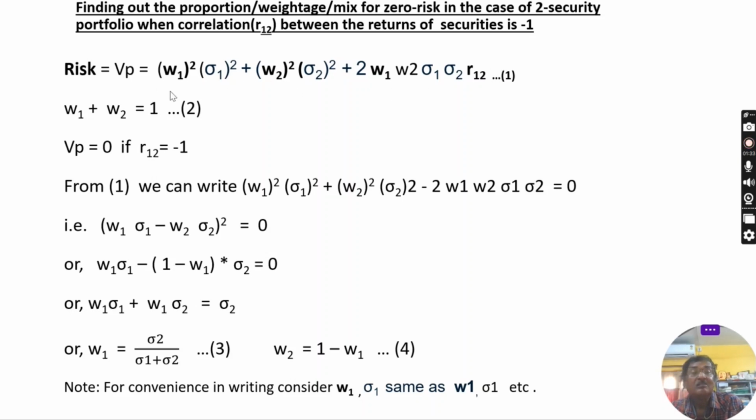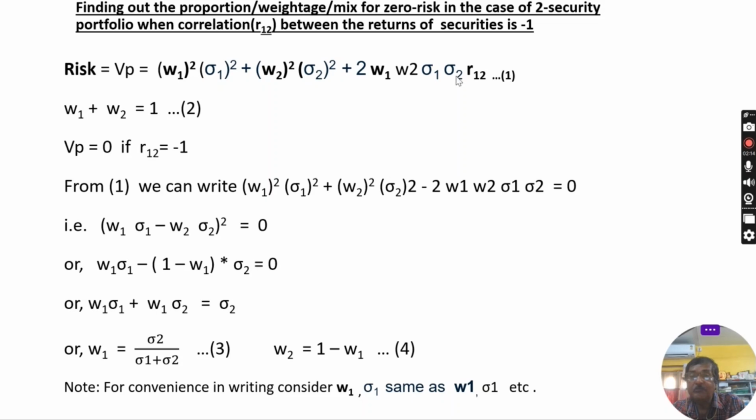this is the formula for computation of risk, which I have already discussed. Our topic is finding the proportional weightage of mix for a zero risk portfolio in the case of a two securities portfolio, when the correlation coefficient between the returns of securities is -1.